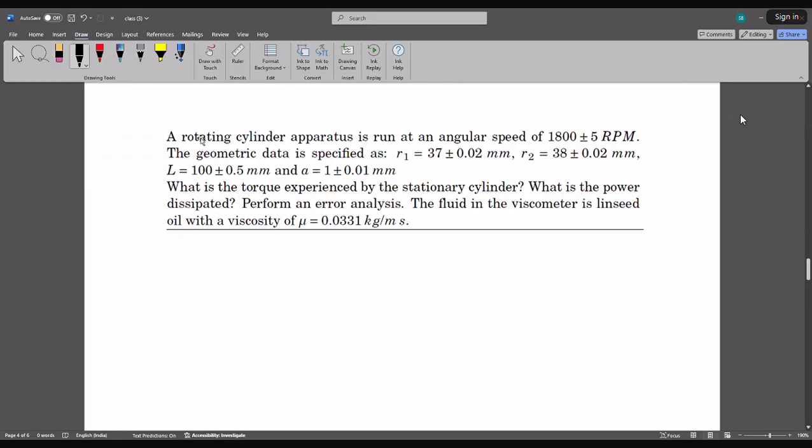Right. So next we talk about viscosity measurement. We discussed the setup. If you remember, we had this kind of arrangement.